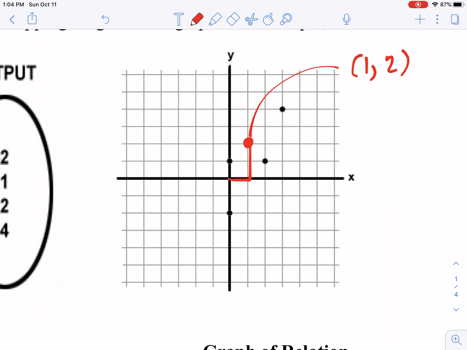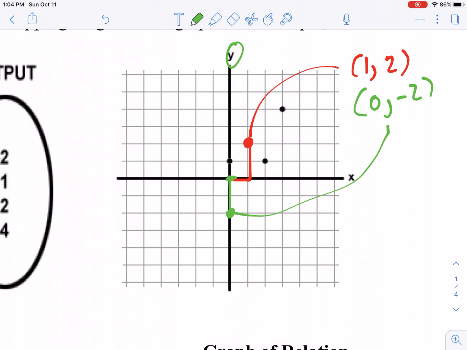Or if I wanted to plot the point, let's say maybe 0, -2, that would be 0 on the X. In other words, it doesn't move anywhere. It's not going left or right. And then -2 would be down 2 on the Y-axis. So this point right here would be 0, -2, okay?